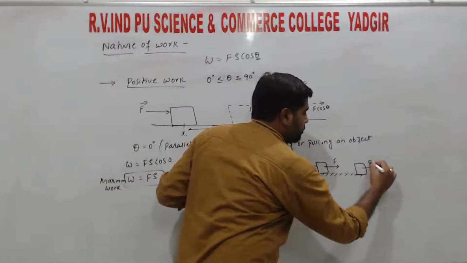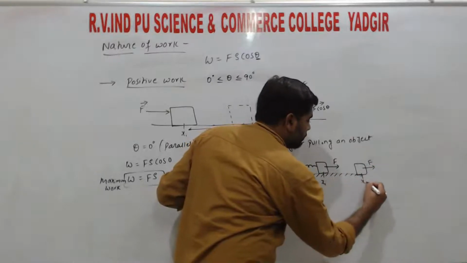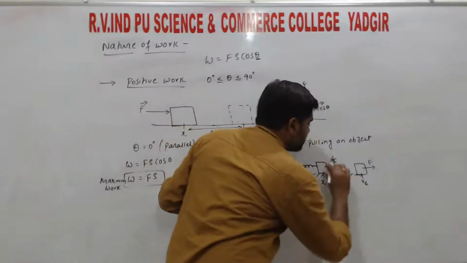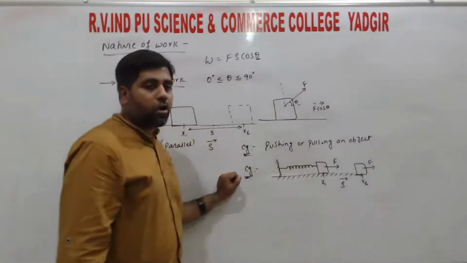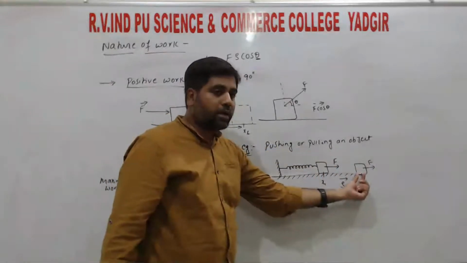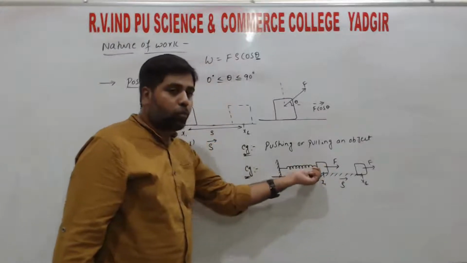This becomes the initial position and this becomes the final position. So displacement takes place in the direction of pulling the object, that means in the direction of the force exerted to pull the object.